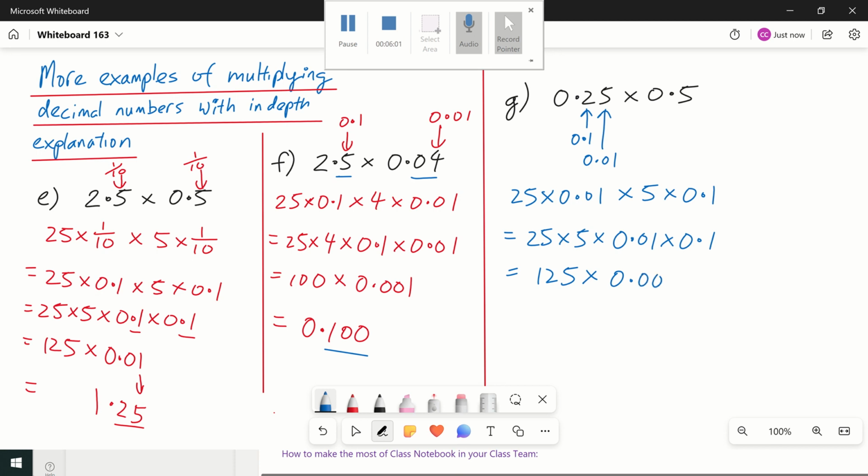And we end up with 0.125. Now again, this matches up. The final answer has 3 decimal places. This matches up with us having 2 decimal places in one number and 1 decimal place in the other number. So the number of decimal places match.